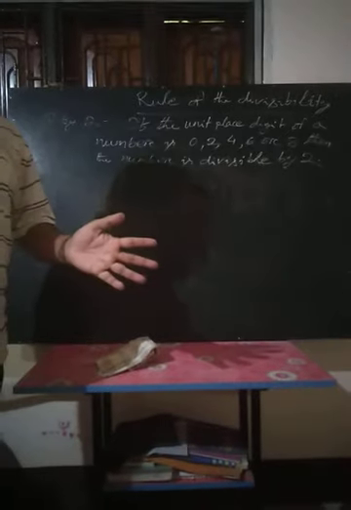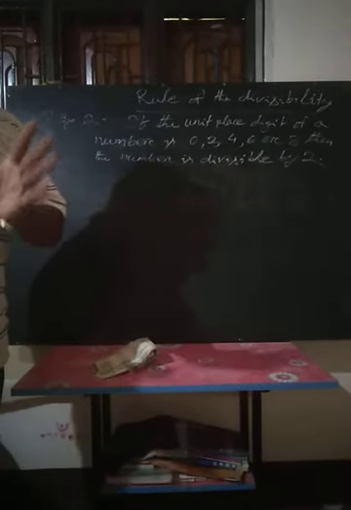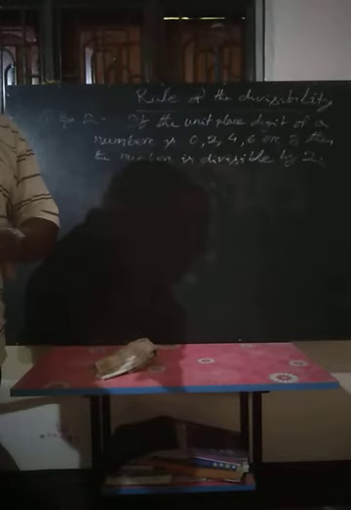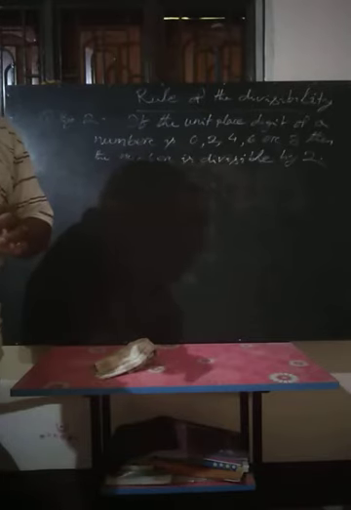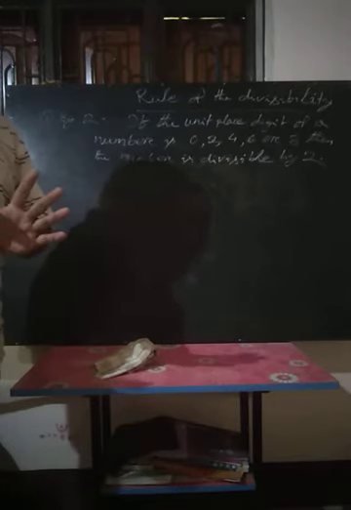How to adopt this rule? Suppose there are so many numbers given and you will have to find out which of them are divisible by 2 and state the cause. Then what you will have to do? You will have to make a table.